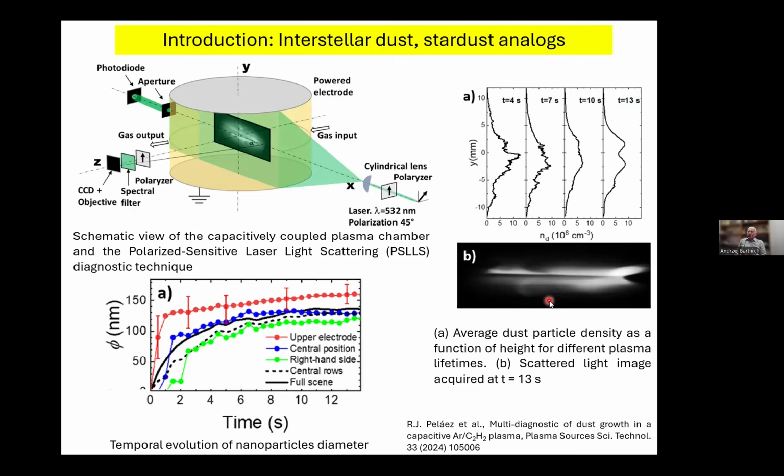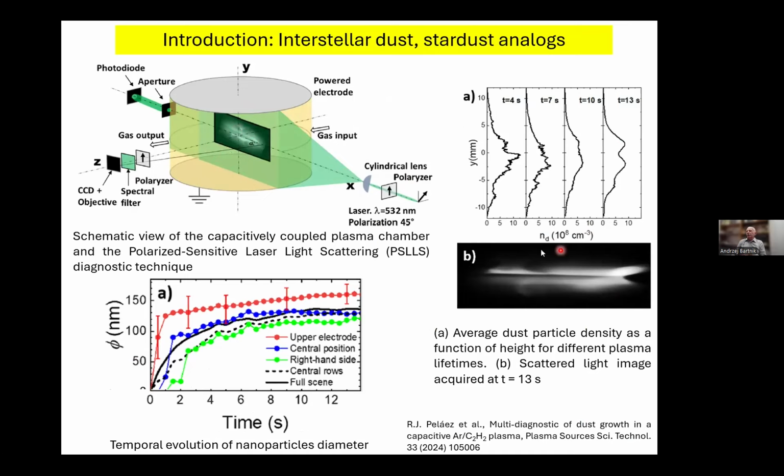In the other experiment, laser scattering was employed in a similar experiment. I mean, there was also a discharge in carbon-containing gases, and in this case, carbon dust was formed.